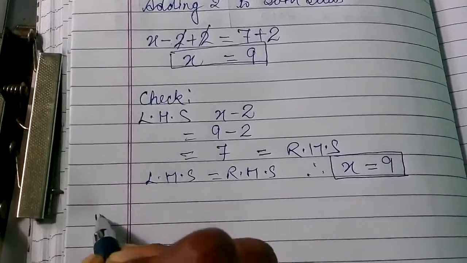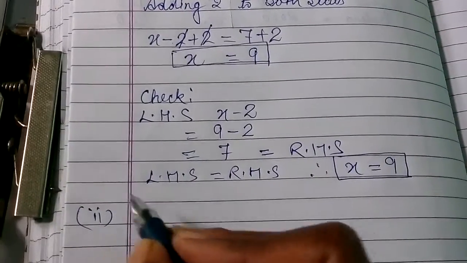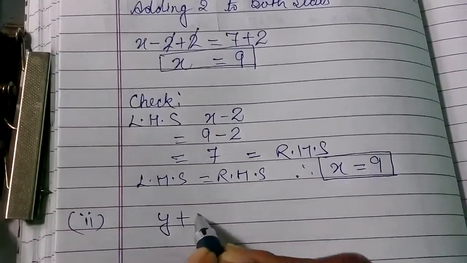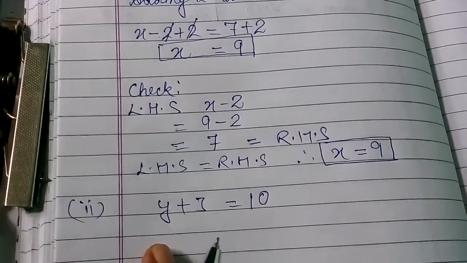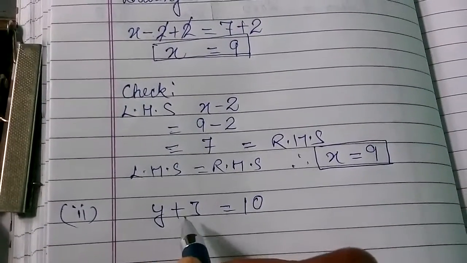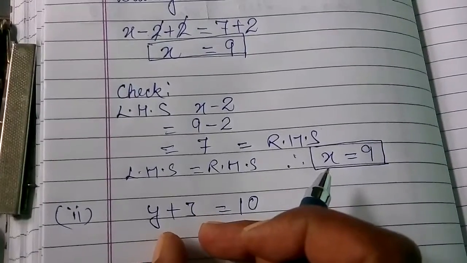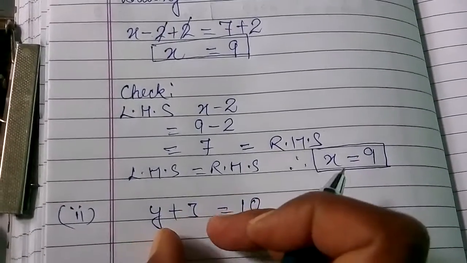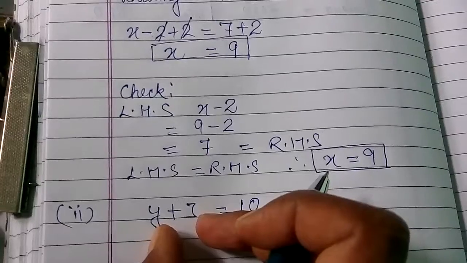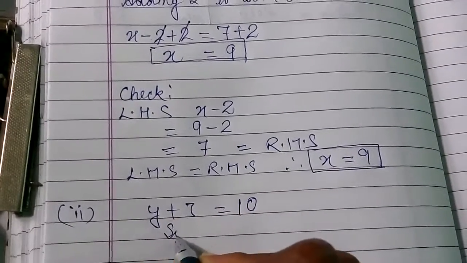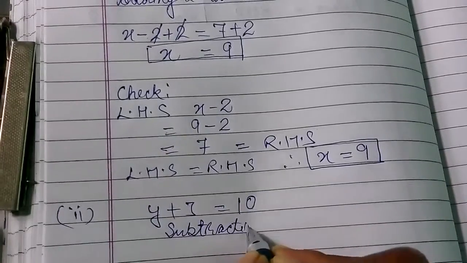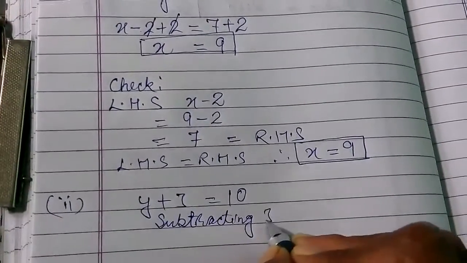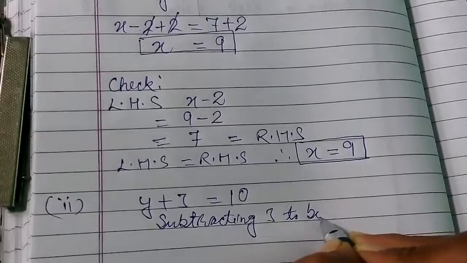Now let me take the second part. Second part is y plus 3 is equal to 10. Again you can see that there is plus 3, and to remove this, I have to subtract 3 from both sides.